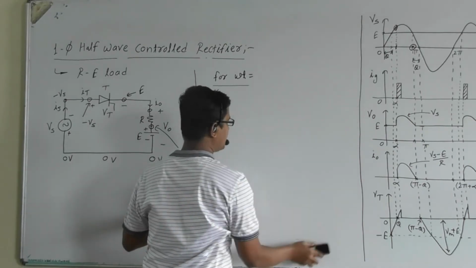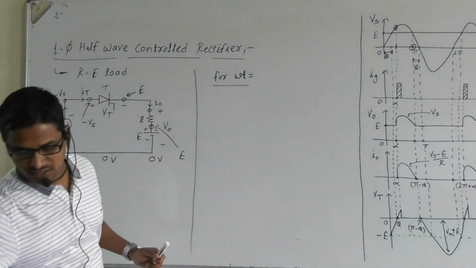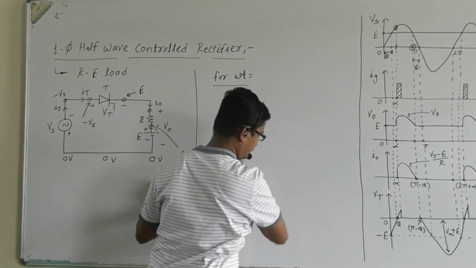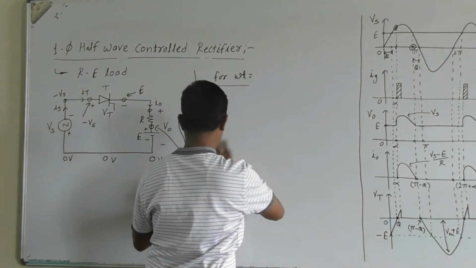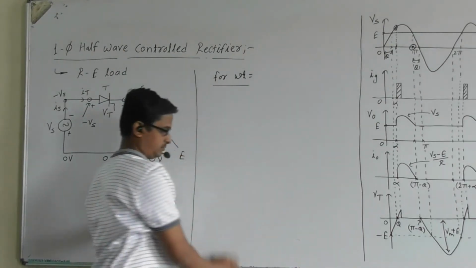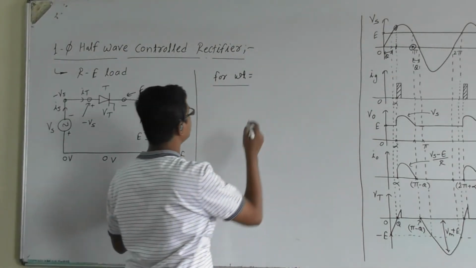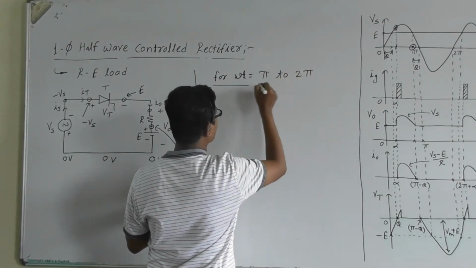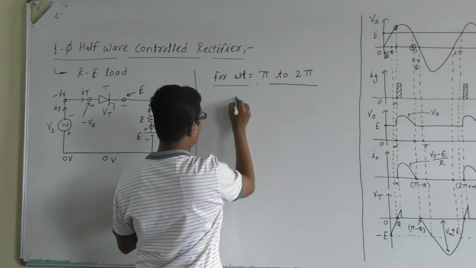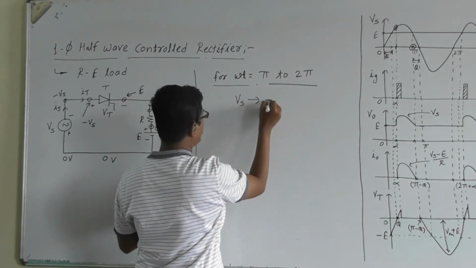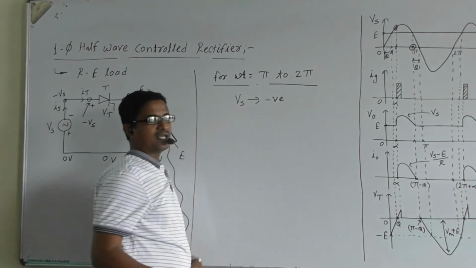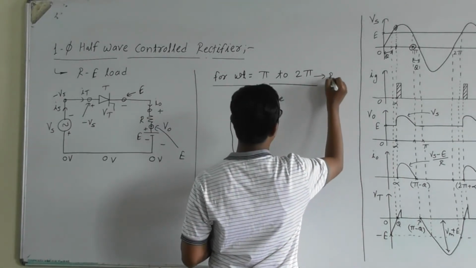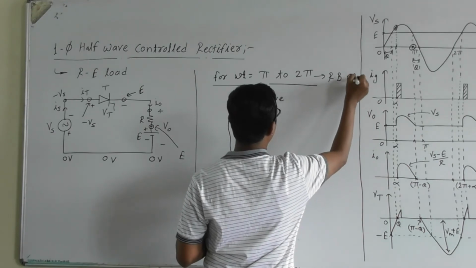From pi to 2 pi, it is negative. Supply voltage is negative means SR will be in the reverse bias mode only, right? So it is reverse blocking mode.